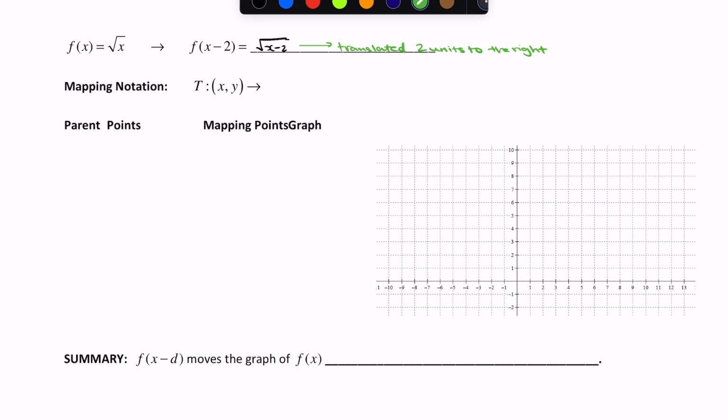And it's translated 2 units to the right because it's, again, the opposite of the sign inside the root. So here we'll write it as x plus 2, and our y values stay the same.